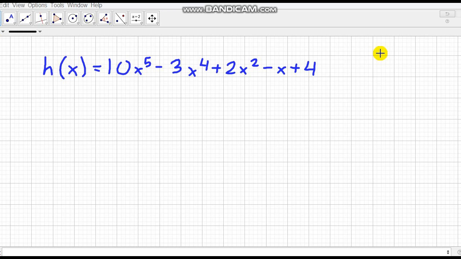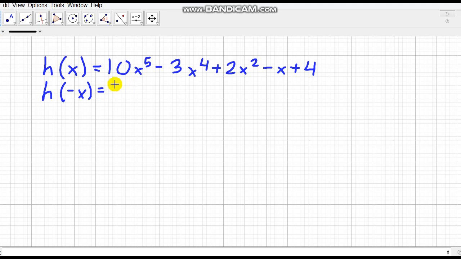Okay, let's have our last example here. We have h of x is equal to 10x raised to the 5th power minus 3x raised to the 4th power plus 2x squared minus x plus 4. So let's determine if it's an even or an odd function. Let's have h of negative x so that we can check.